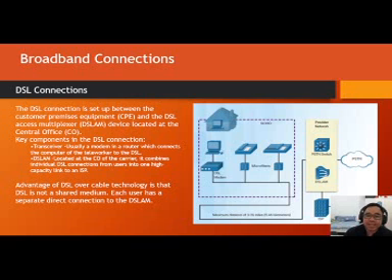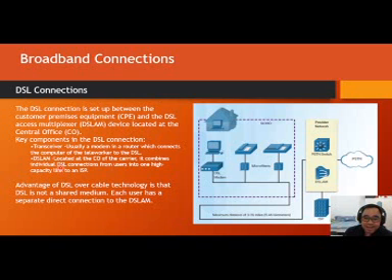DSL connection. The DSL connection is set up between the customer premises equipment, CPE, and the DSL access multiplexer, or DSLAM, a device located at the central office. Here is the DSLAM. The key components in the DSL connection: transceiver, usually a modem in a router, which connects the computer of the teleworker to the DSL.